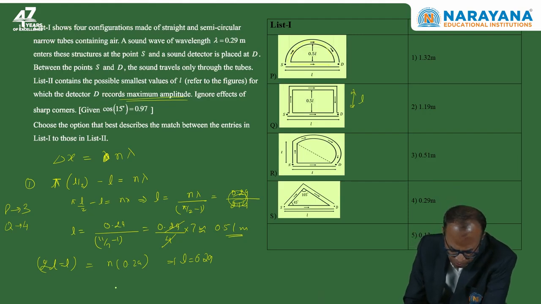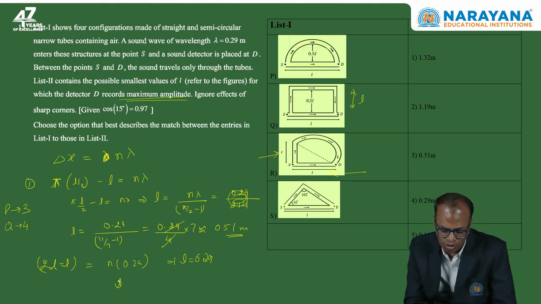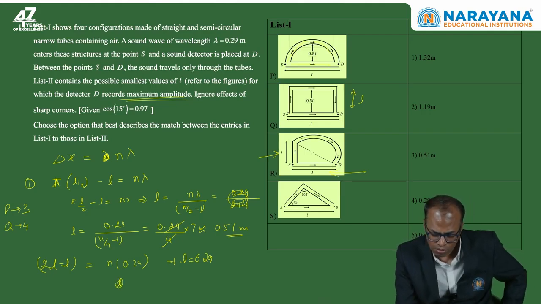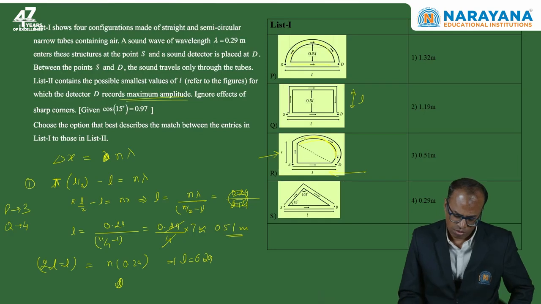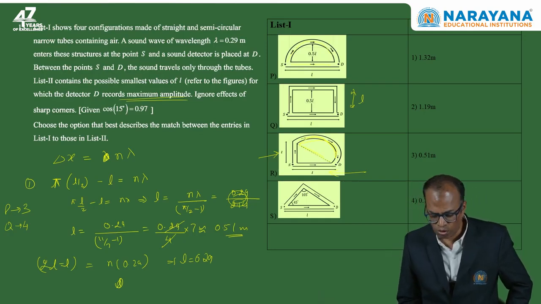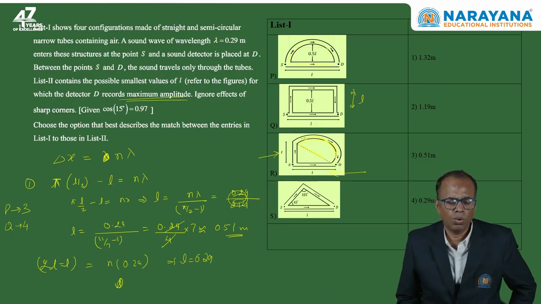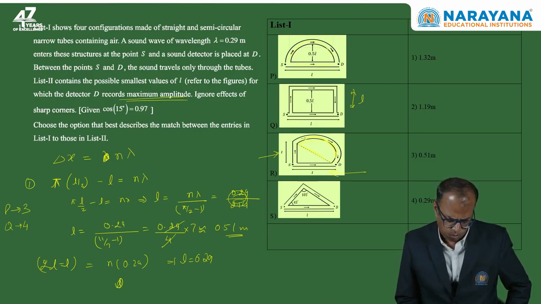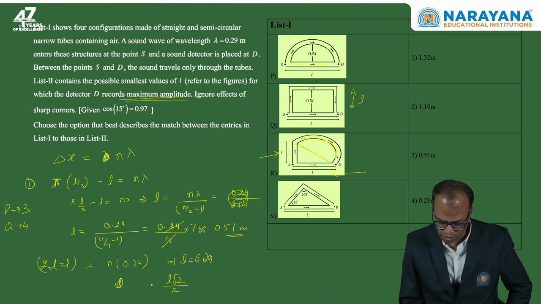Then let's go for the third case. In third case, the path difference is, okay, this L and this L will balance. So the only path difference is that semicircle. Is it a semicircle? Yes, it looks like a semicircle of radius L root 2. So L root 2 is the diameter, so L root 2 by 2 is the radius and pi times of this must be equal to 0.29.